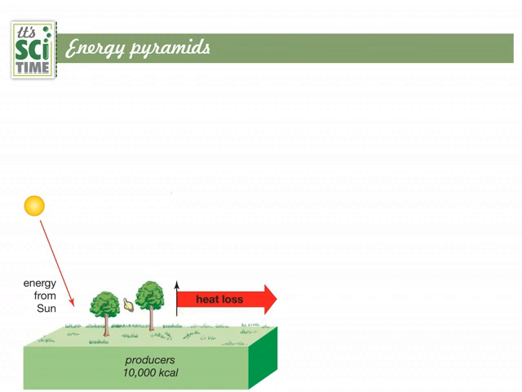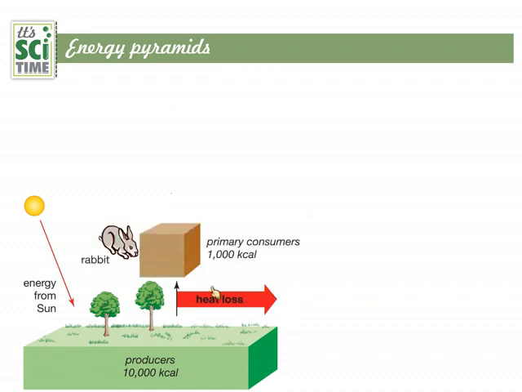When these producers do respiration, a lot of heat is lost and they use some energy. Therefore around 10% of energy passes to the next level. The rabbits have gained only around 1000 kilocalories.